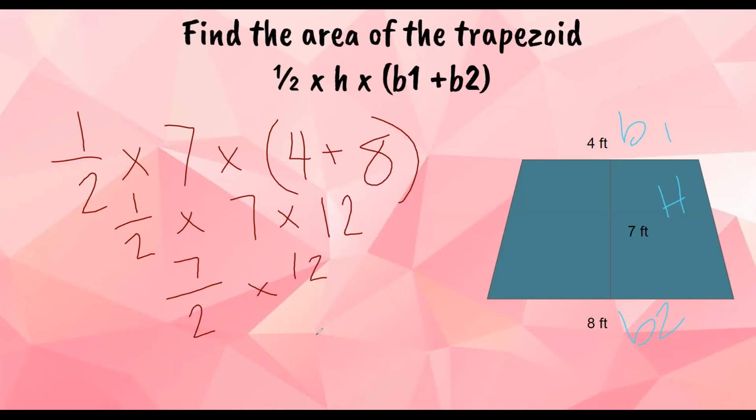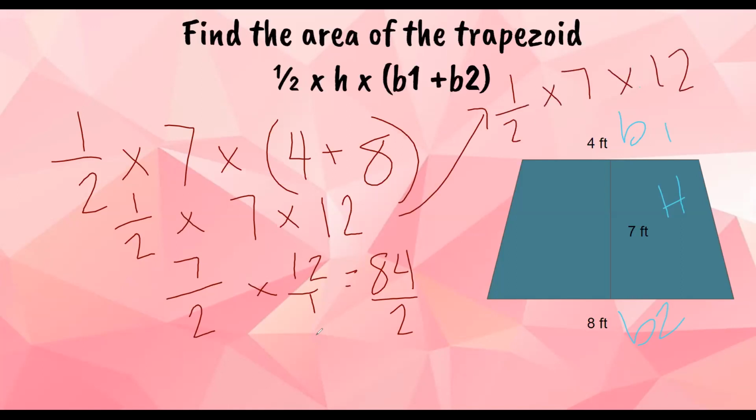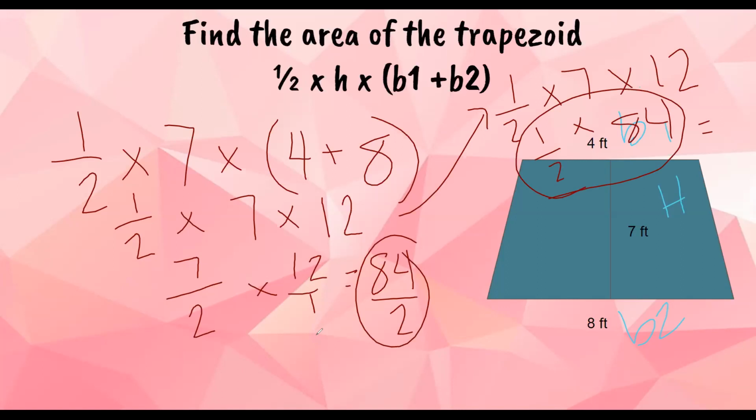So if you want to go that route, that's fine. It would be 84 over 2, and you would divide. Or if you got to this part and you had 1/2 times 7 times 12, if you multiply 7 times 12 first, you would get 84 times 1/2, which is the same thing as dividing by 2. So this and this is the same thing. Okay, so either way with this answer, you would get 42, and it's in feet, and my answer is always squared.